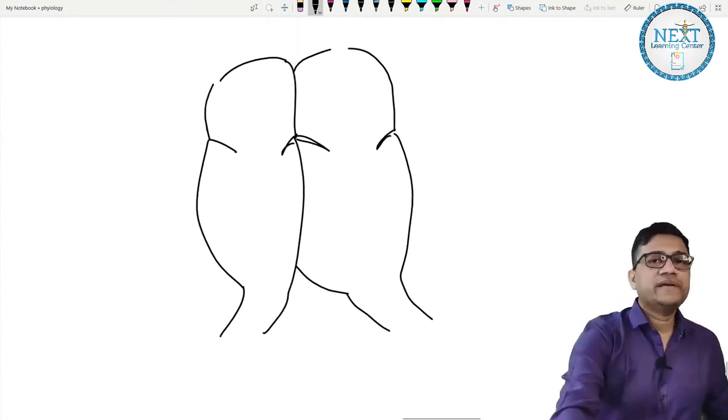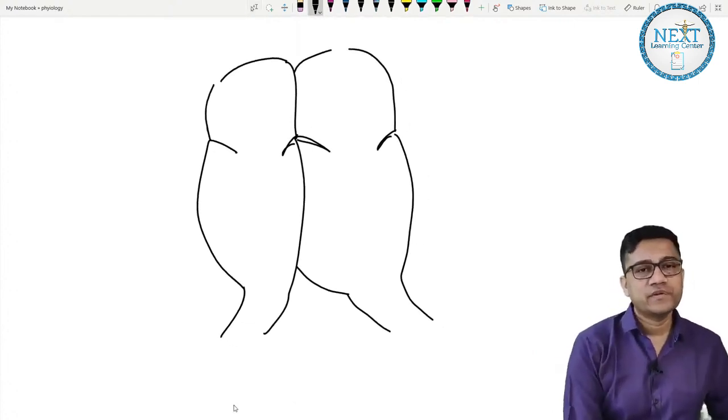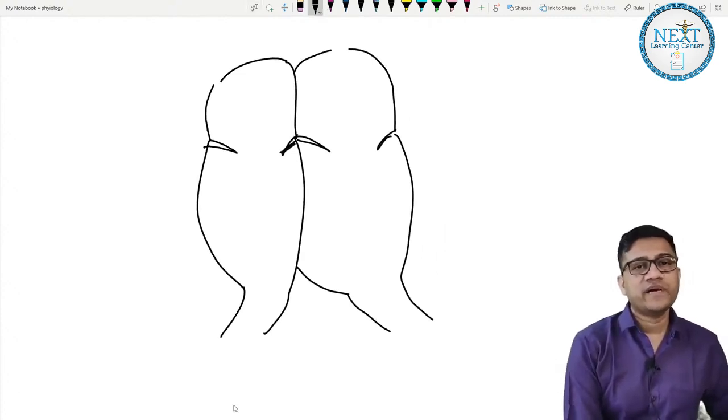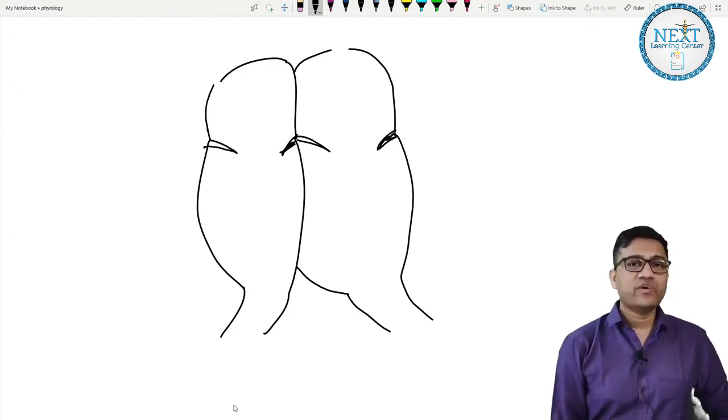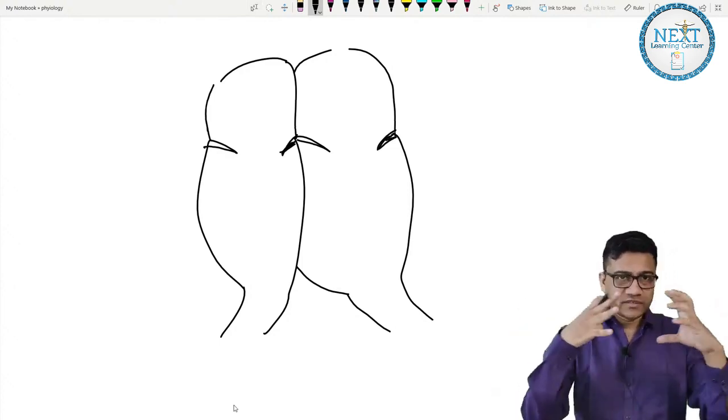Please make it, then I'll explain. I know it doesn't look like an anatomically right version of the heart, but sometimes you have to make compromises. They look like conjoined twins.